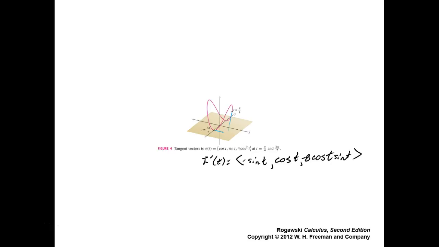Now, when t equals pi fourths, this becomes square root of 2 over 2, and this becomes 4 times the square. Square root of 2 over 2 squared is 2 over 4, which is 1/2, and 4 times 1/2 is 2.